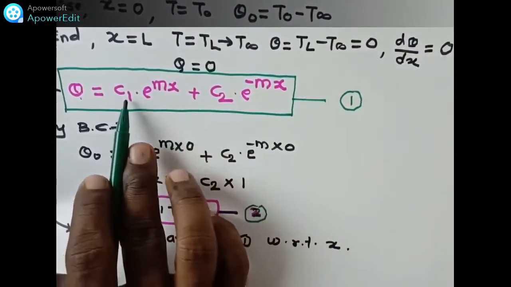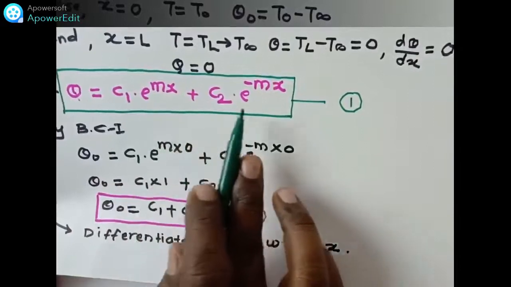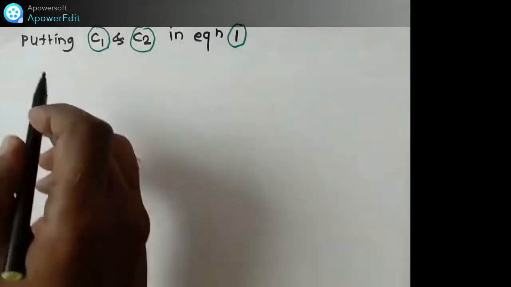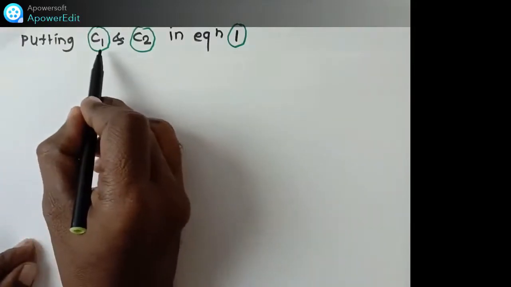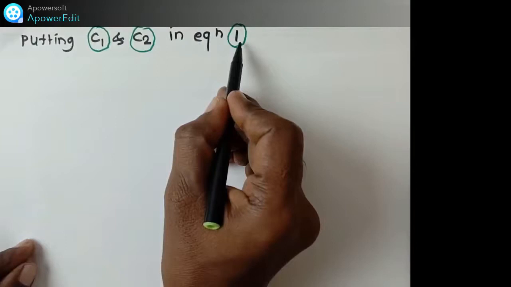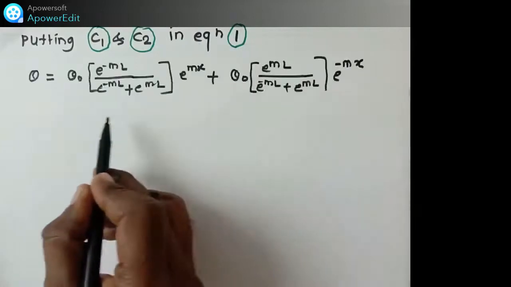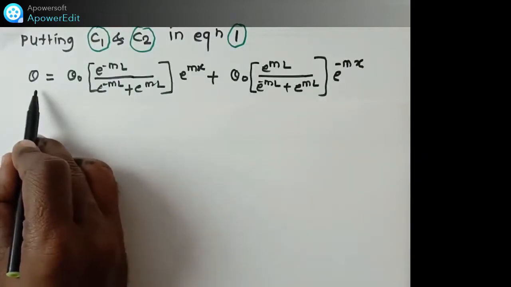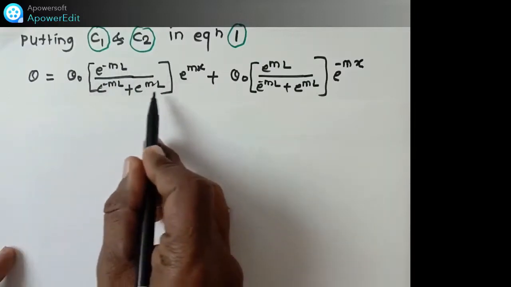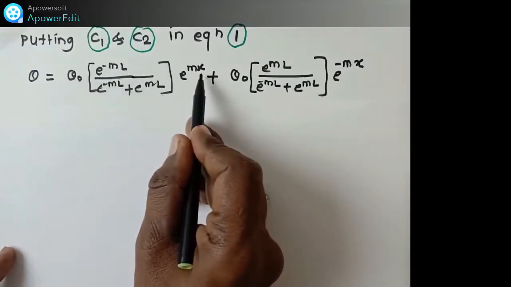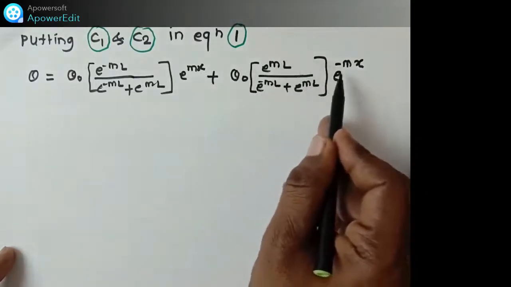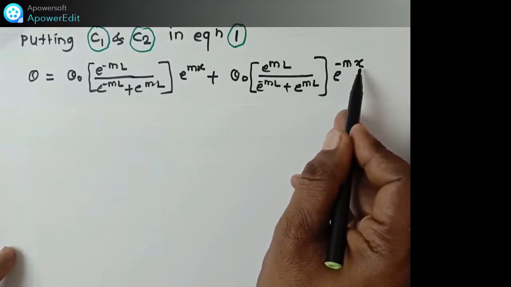So we can substitute C1 and C2 in equation number 1. So putting the expressions of C1 and C2 in equation 1, we have theta is equal to, this is C1 into e raised to mx and this is C2 into e raised to minus mx.